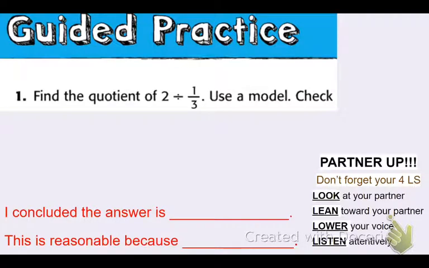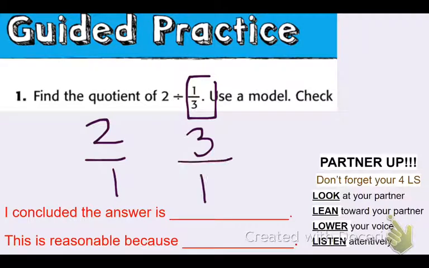Find the quotient. Remember, quotient is the answer to a division problem. Find the quotient of 2 divided by 1/3. All right, and I'm going to go ahead and take 2 and put it over 1 to make it a fraction. I'm going to do the right reciprocal. So 3 goes on top now and 1 goes as the denominator. Step 3, change it to times, multiply.